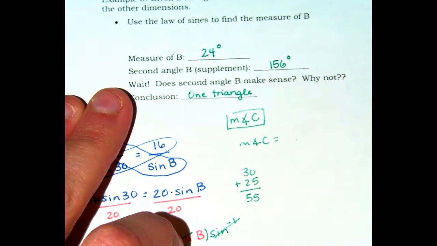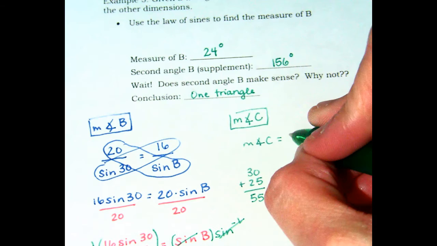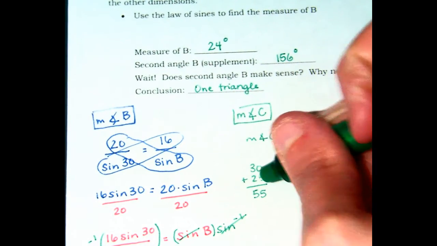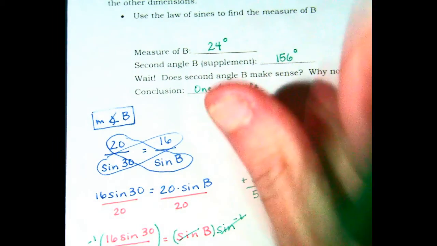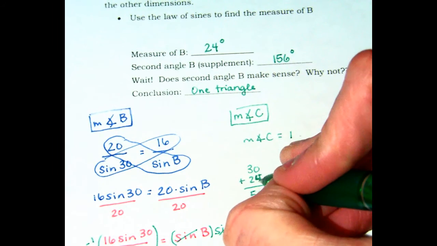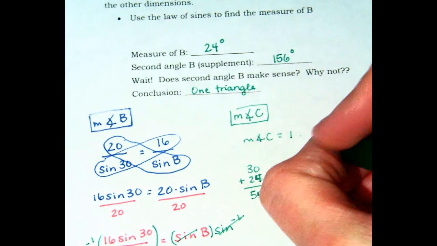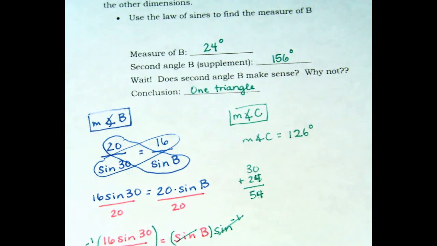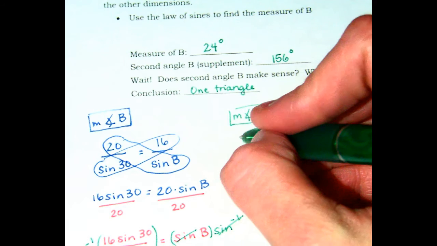Oh, okay. And I can't add or look at things either. Thank you, guys. 24, not 25. So it's 54, which is 126. Okay, 126 degrees.